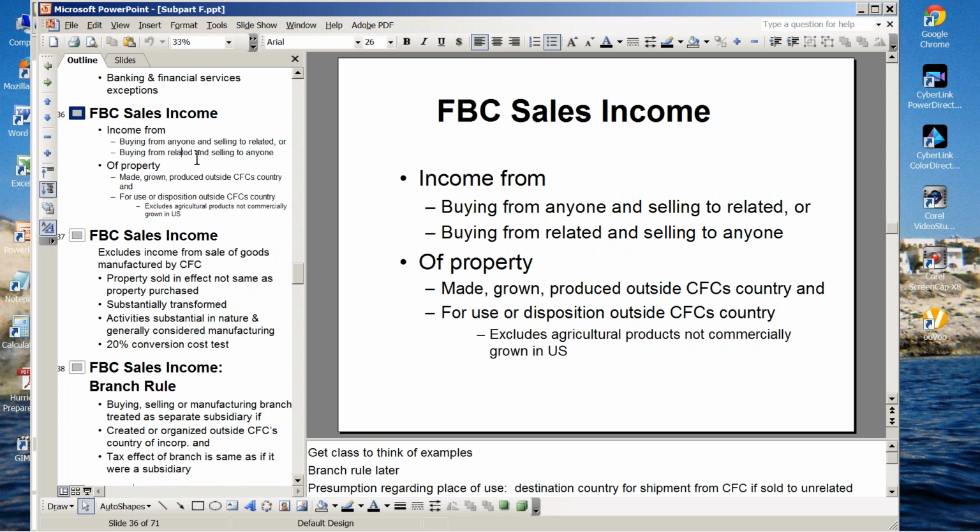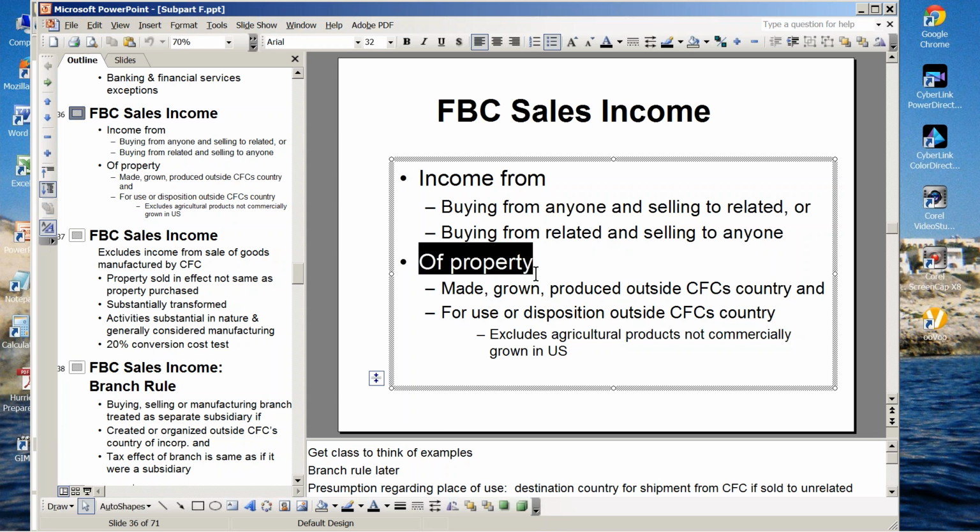Sales of software that are treated as sales of an item of property fall under this foreign-based company sales income rule, or potentially fall under this rule. So property here could be both tangible or intangible property.